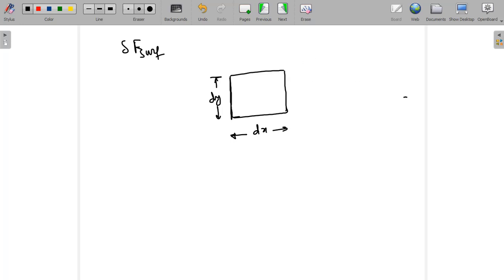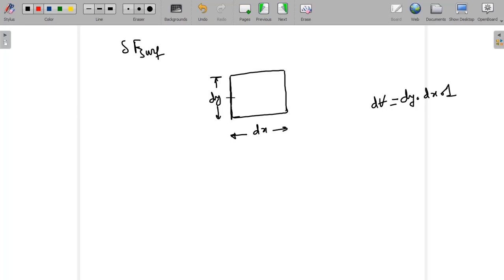So what is the volume of this element? That is dy into dx into 1. Okay, so this is the volume of this element. So what are the different stresses acting on this element?